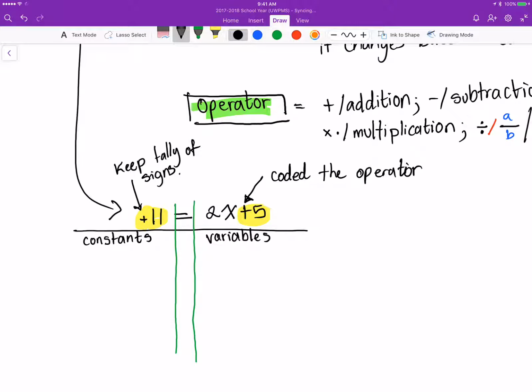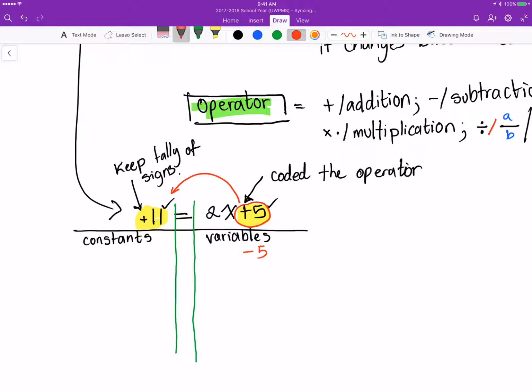And I want you to pay attention that I first want to look at the reciprocal, the opposite, or the inverse of something. So I'm going to start working with my constants, with my 5 and my 11. In order to move this 5 to this side, I have to subtract 5 on both sides. I have to subtract the reciprocal. So minus 5, I'm going to line them up.